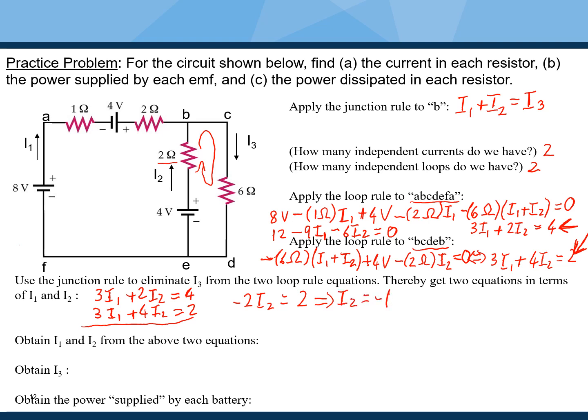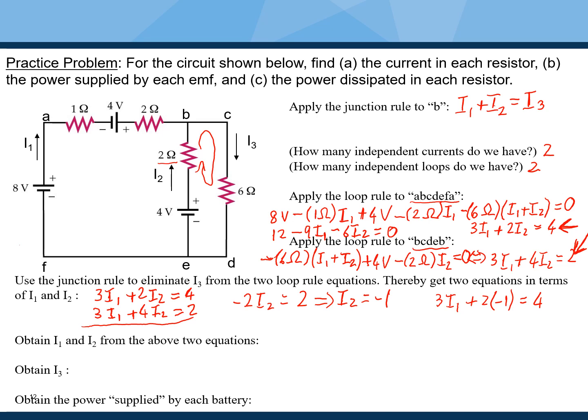Okay? Now I can put that into one of the equations. So I have 3I1 plus 2 times minus 1 for I2 is equal to 4. And that tells me that 3I1 minus 2 is equal to 4, or 3I1 is equal to 6, or I1 is equal to 2 amperes.